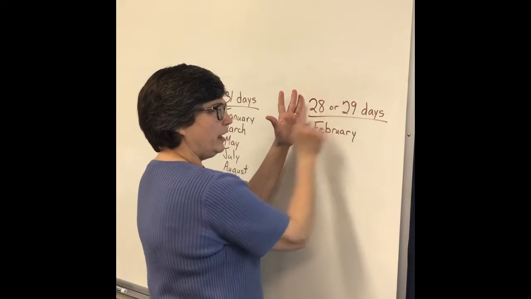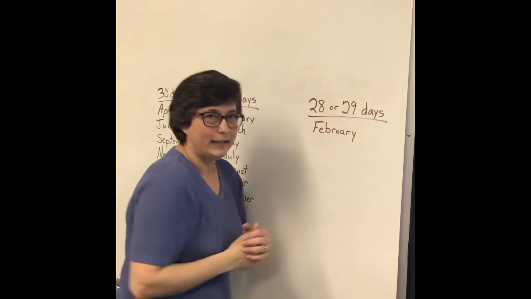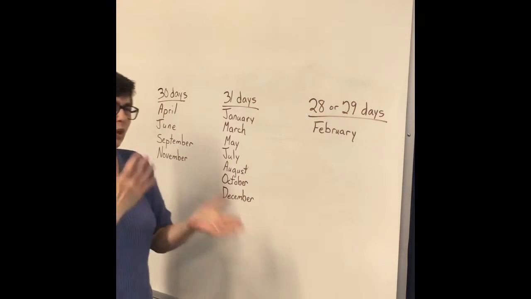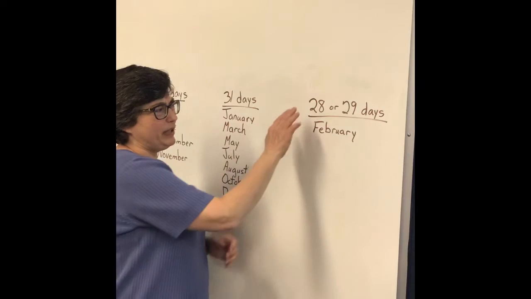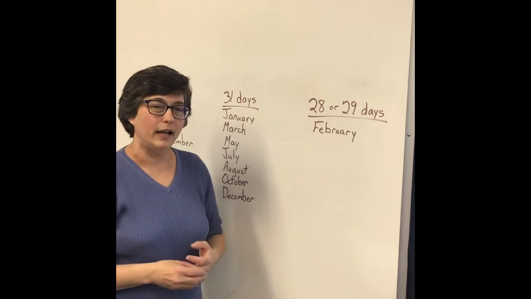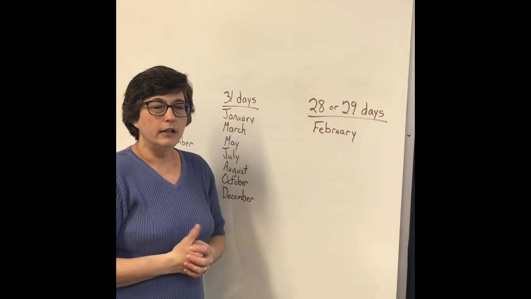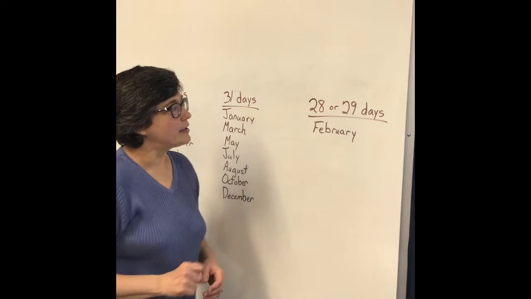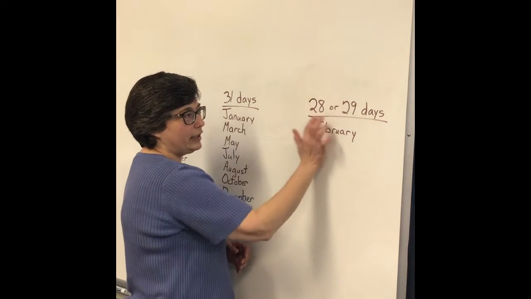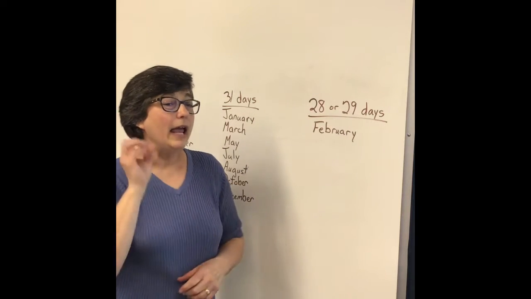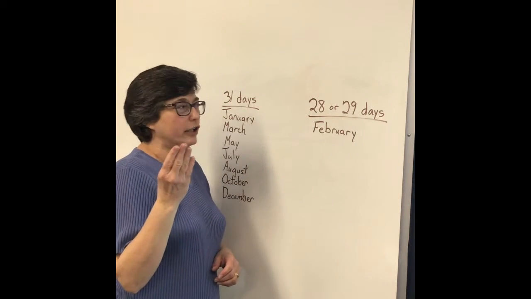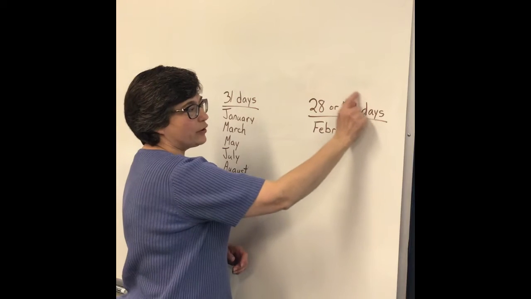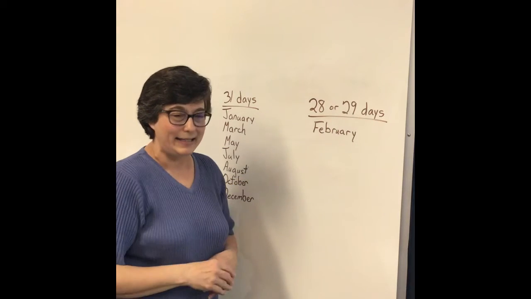Then, here it says 28 or 29 days. Does anybody know why it would be 28 or 29? How does that vary? What do you think, Kason? You are right. There's usually 28. But then every 4 years, there is an extra day. There's 29 days.